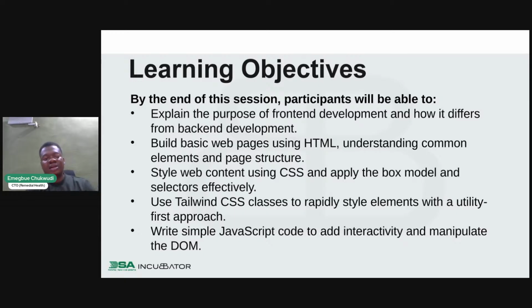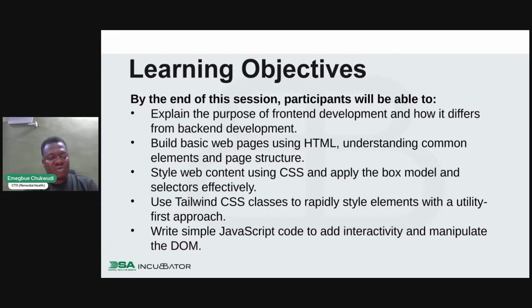First, I'll be looking at the learning objectives, okay? By the end of this session, participants will be able to explain the purpose of front-end development and how it differs from back-end development, because they are different. You need to know the difference. Build basic web pages using HTML, understand common elements and page structure, style web content using CSS and apply the box model and selectors effectively, okay?